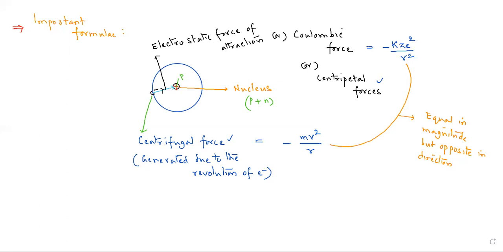Okay. Now, see, the centripetal force is minus kZe square by r square. That is equal to centrifugal force, nothing but minus mv square by r.